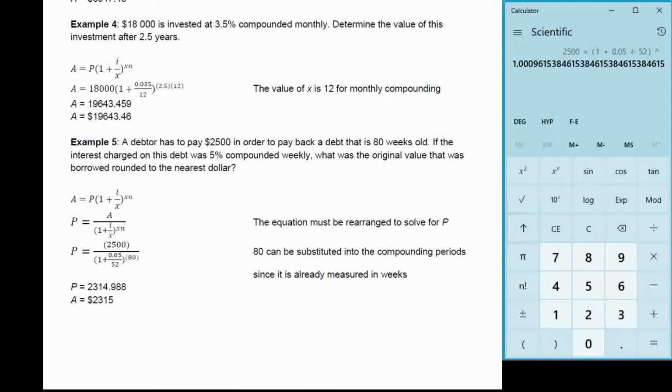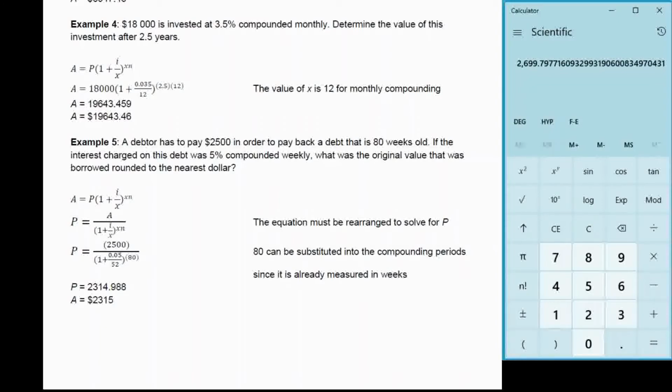But because we're given a value of 80 in terms of the time, not in years, we can just use that 80 for our n value. So here I end up with $2,699.80.